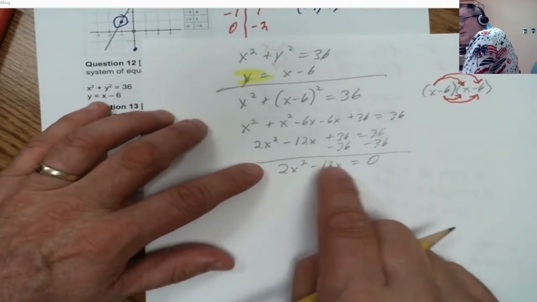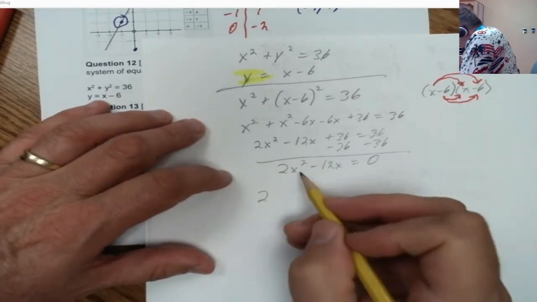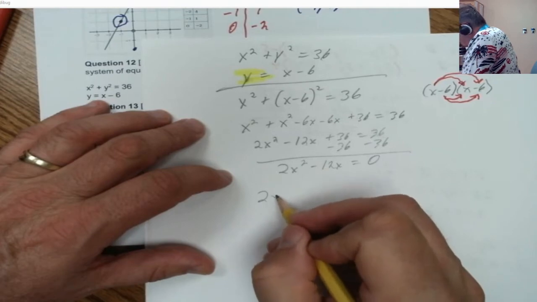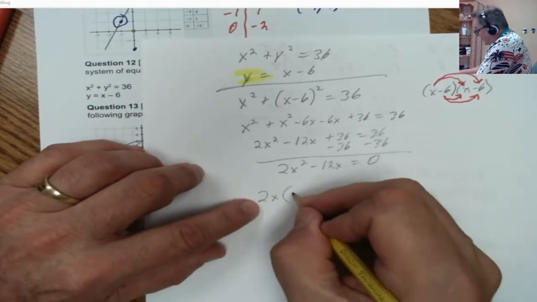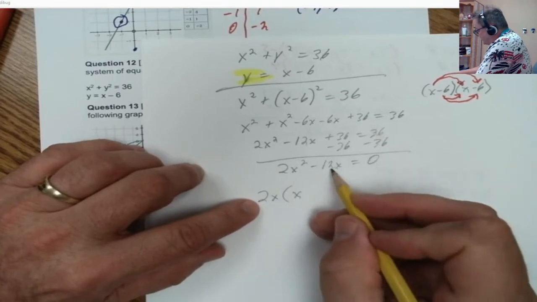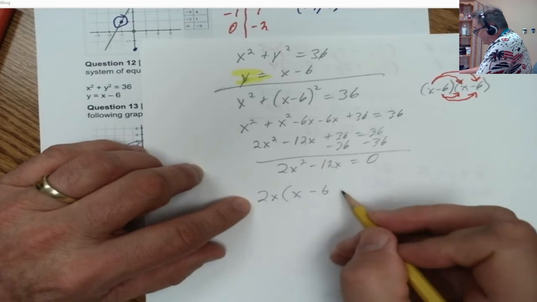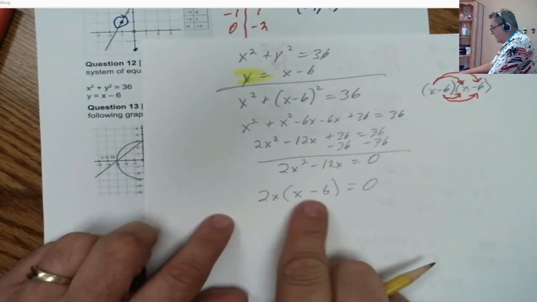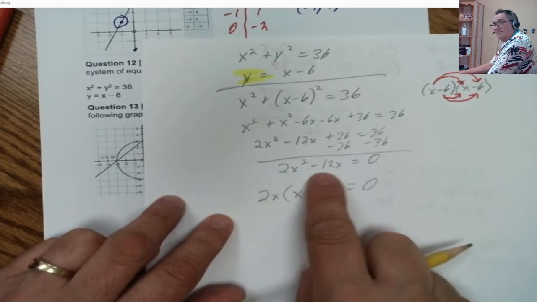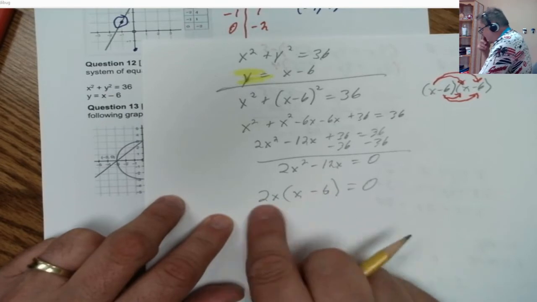We can pull a 2 out of both terms, and there's an x in both terms. So if we pull out a 2x, what would we have to multiply 2x by to get back to that? Just an x. And 2 times what is -12? 2 times -6, and we pulled that x out. So these are the factors. If we multiply these back together, we should end up back where we started, right? If we properly factored it, we'll get back to there.